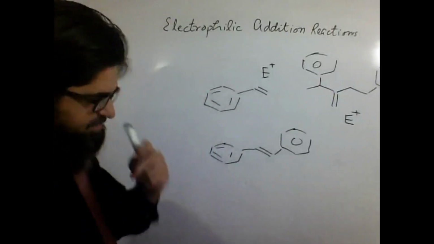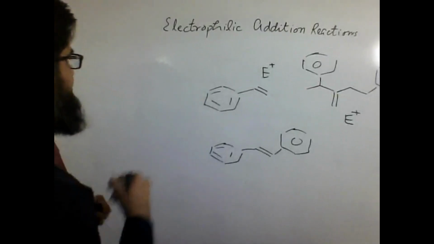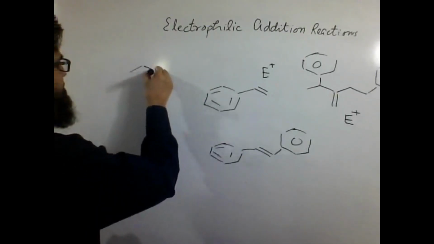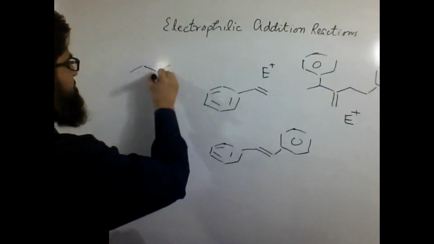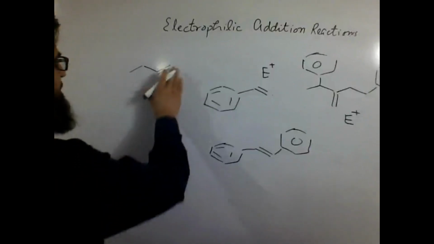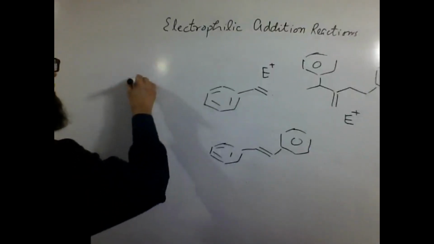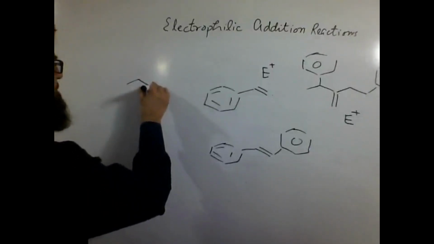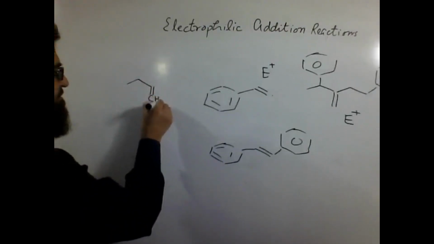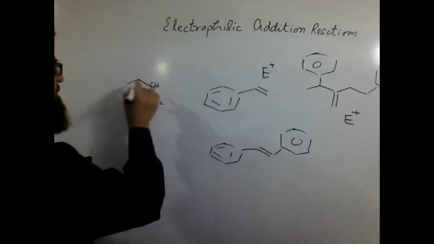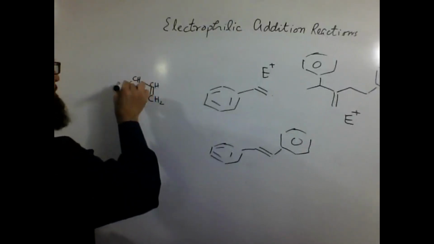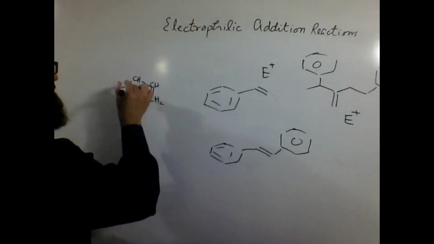Now let me explain one thing which is important. Let's say we have this alkene. I can draw it this way. This is an alkene, and I can write it in a simpler way. This will become CH, this will be the CH, and this will be the CH3, I guess.